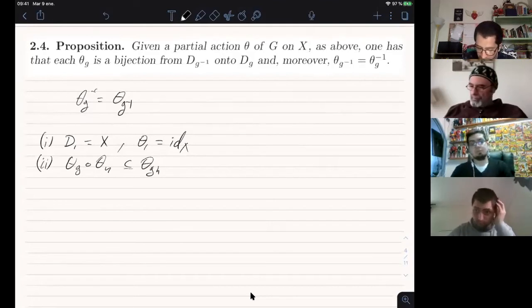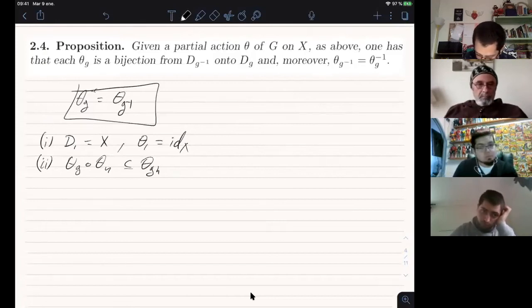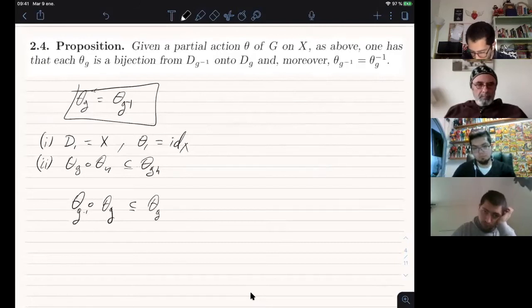To prove this, we need to invert this one, and we can compose it by the left with this one here. So this is going to be contained in the composition in the group, and this is going to be the identity in the space dg minus 1.